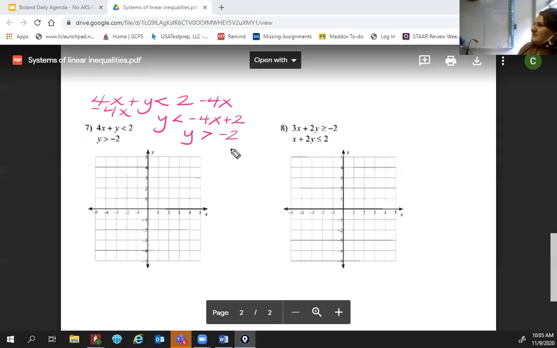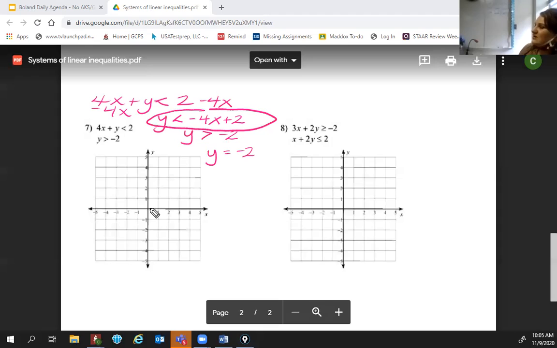This is the same thing as whenever we had to graph equations that look like this. Remember? And a lot of you were like, oh, that's a y, so it's going to be a vertical line. But remember, it's the opposite of what you think, right? So let's graph this one first.